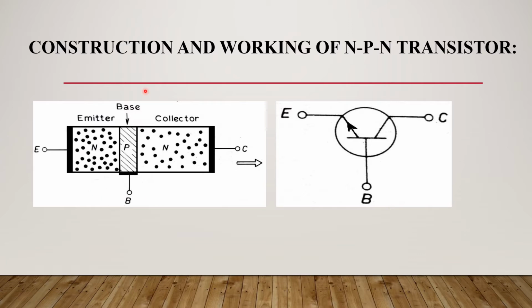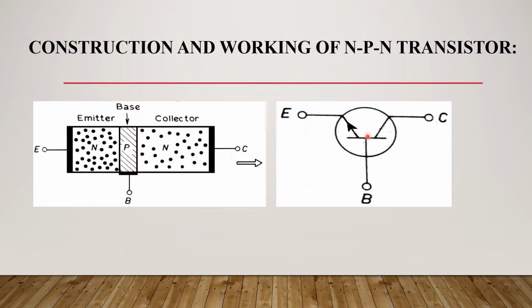This is the construction of NPN transistor consisting of 2N and 1P. This P is sandwiched between the two, that is the emitter and collector, and it is observed that this base is smaller as compared to the emitter and collector, and it is lightly doped.